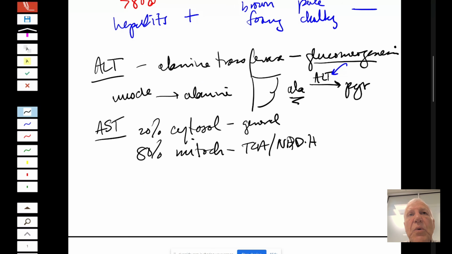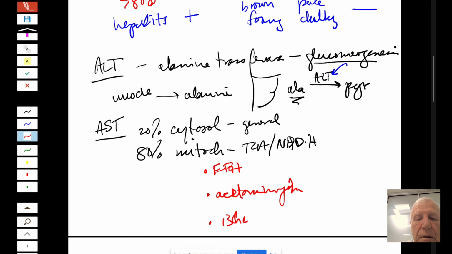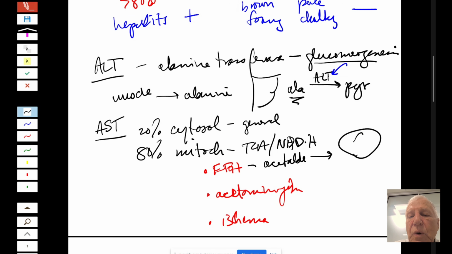When I say to you, tell me diseases that are specific to the mitochondria, I'm going to say to you alcohol, acetaminophen, and ischemia. Okay, why? Because when I metabolize ethanol, remember it is a multi-phase process. So I'm going to convert my alcohol to acetaldehyde, and acetaldehyde is going to go into my mitochondria where the dehydrogenase will take it to acetate.